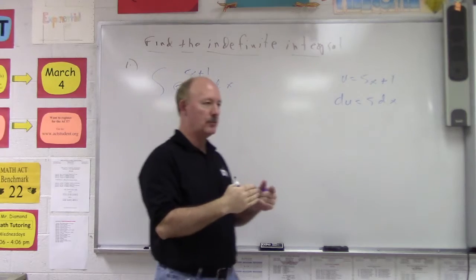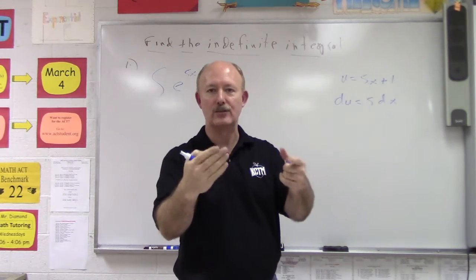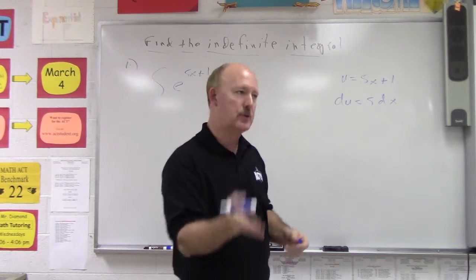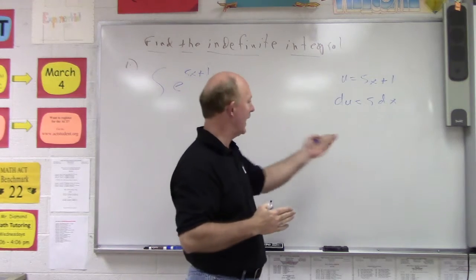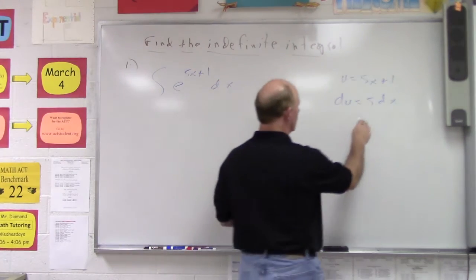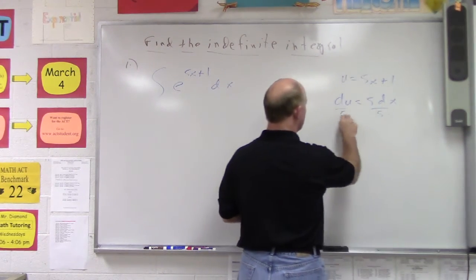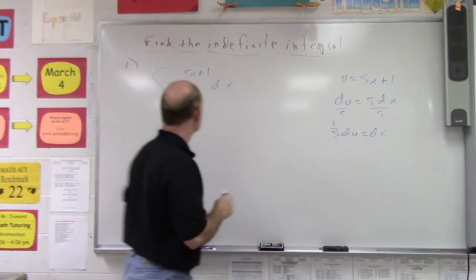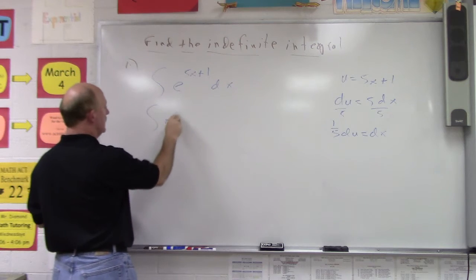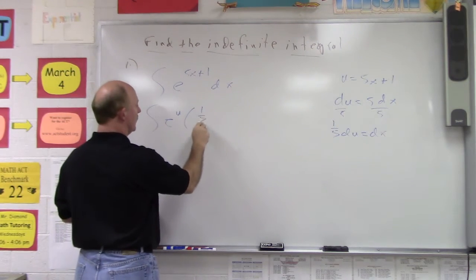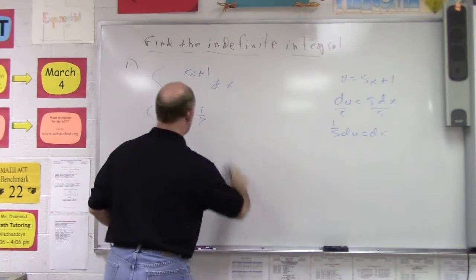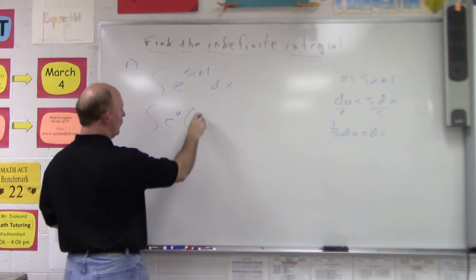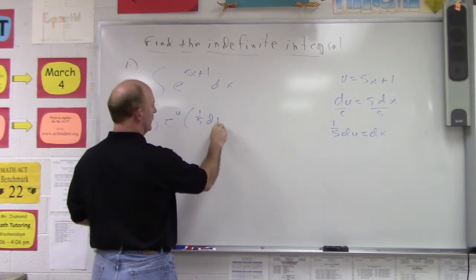Now remember, with u substitution, I like to always solve for dx. And then we're just replacing the dx with a du over dx expression. So dividing both sides by 5, that gives us 1/5 du equals dx. So substituting in, it's become e to the u times 1/5 du.